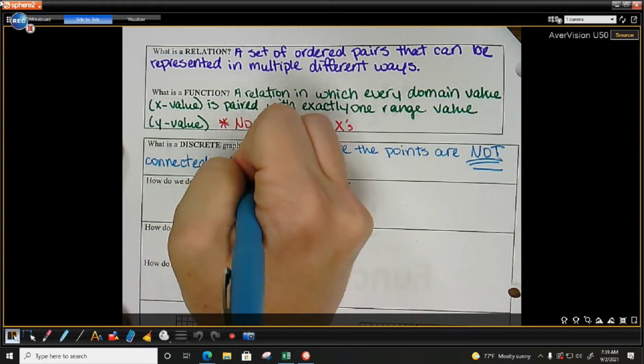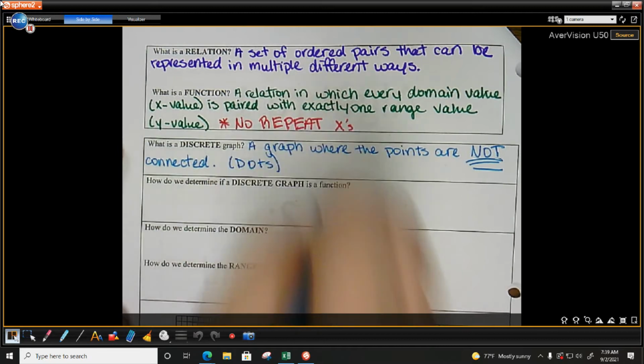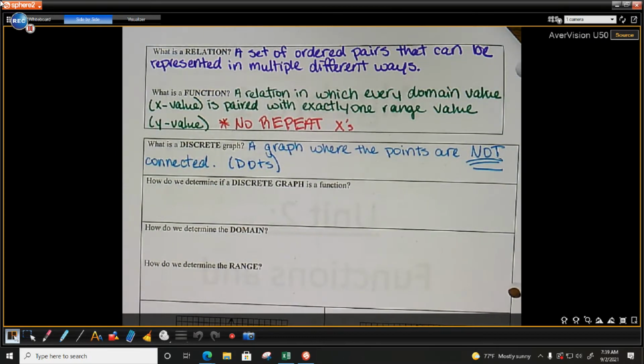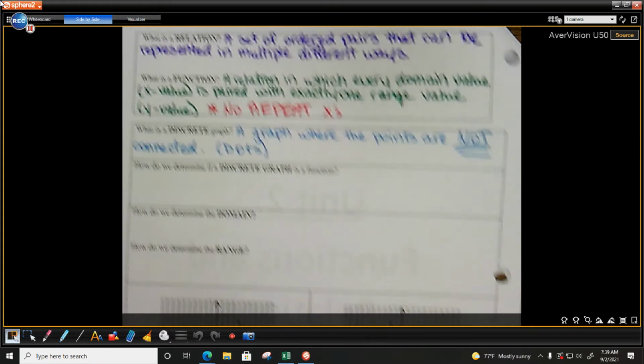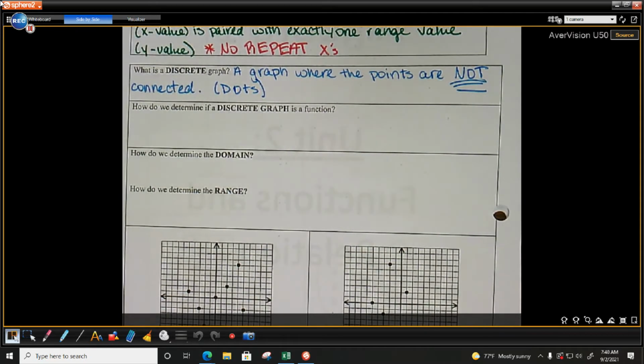So we think discrete dots. They're just dots on your graph. They are not connected points. They're just dots. Okay, discrete dots.